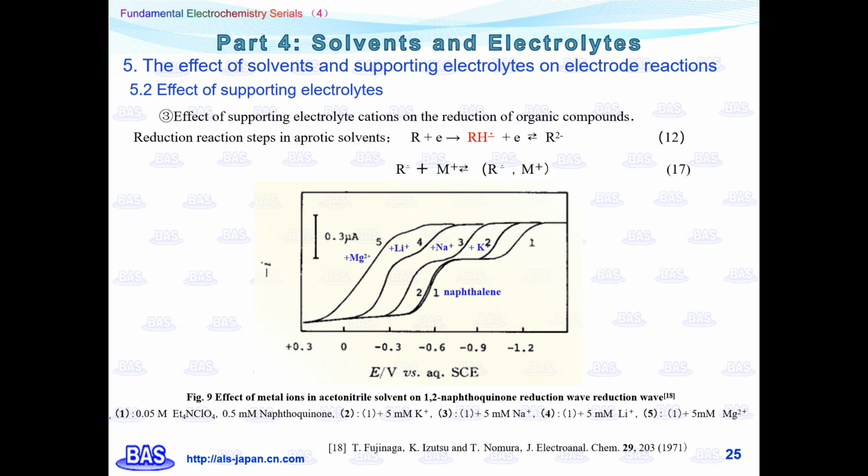On the contrary, when the radius of the tetraalkylammonium ion increases, the reduction potential gradually shifts in the negative direction, and the reason seems to be that the effect due to the change in the structure of the double layer should be considered.